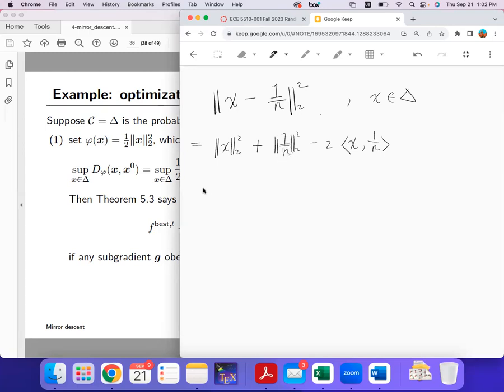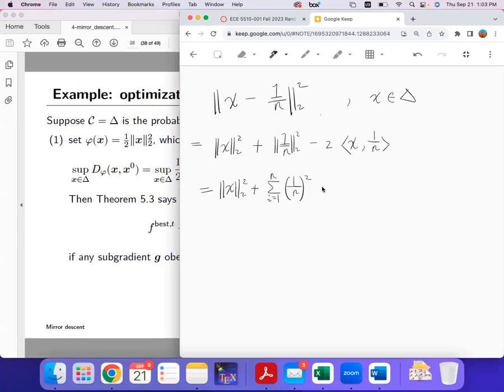And we just expand it. A vector with all the entries having value 1 over n, what is its L2 norm? You can calculate that it is the sum over every coordinate, 1 over n, raised to the power of 2. How many do we have? We have n coordinates.